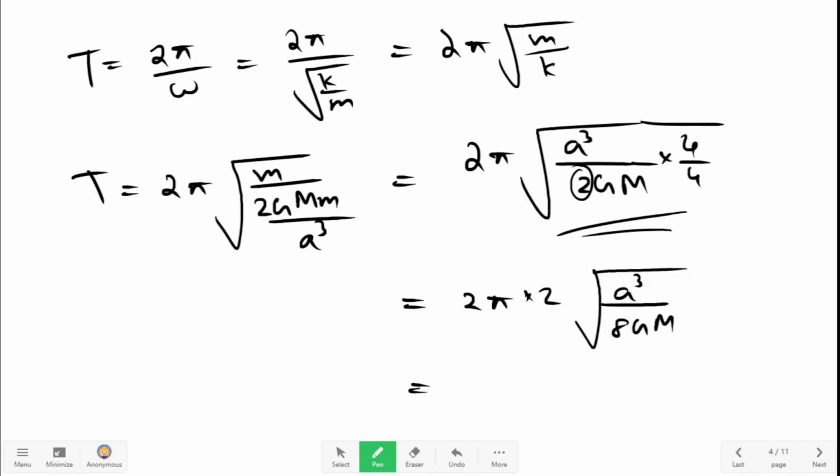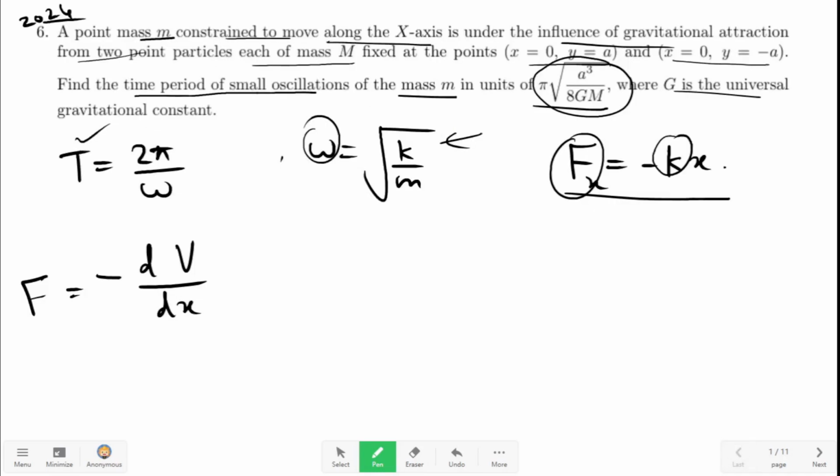So in the units of pi times root of a cube divided by 8GM, time period is equal to 4. The correct answer here is 4. 4 is the right answer.